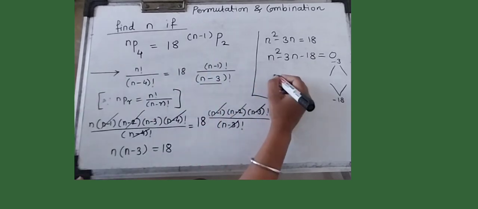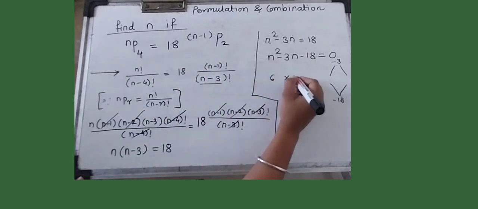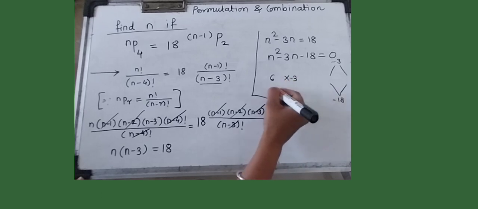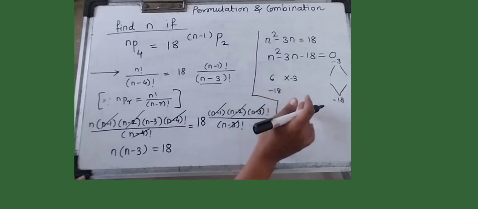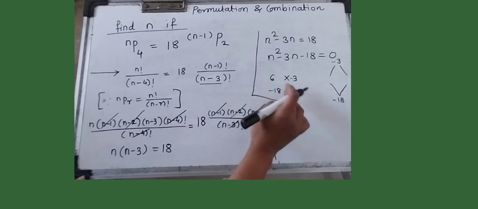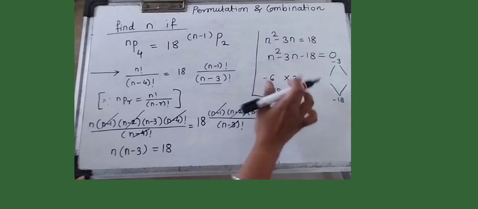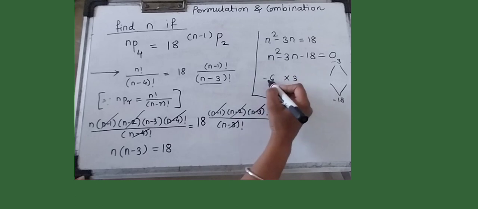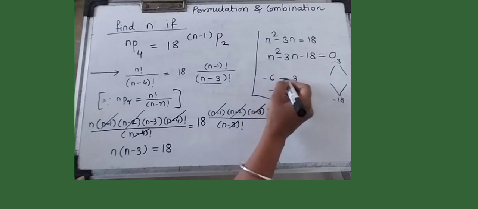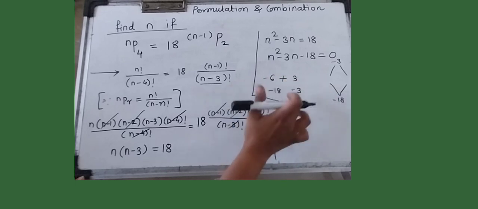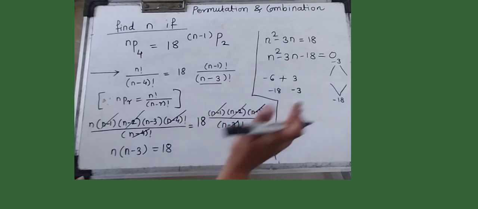See, 6 threes are 18, but I want minus, so minus 3. 6 minus 3. Minus 6 into 3 is minus 18, and minus 6 plus 3 is minus 3. So roots are minus 6 and 3.